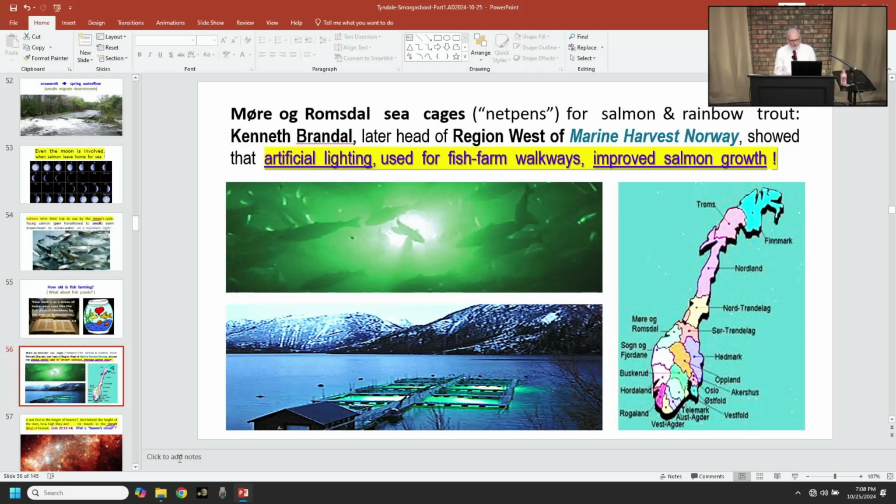And as you can see from the bottom picture, those net pens, it's like a boardwalk that connects them all, and then you have these floating nets that are contained, and the fish are in there. So they're living in coastal waters that are very similar to the natural conditions, and yet they can't swim away because there's a net keeping them in.